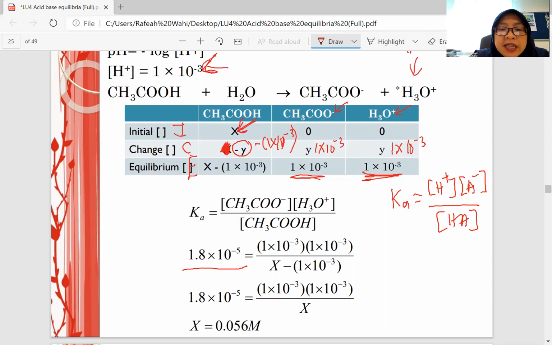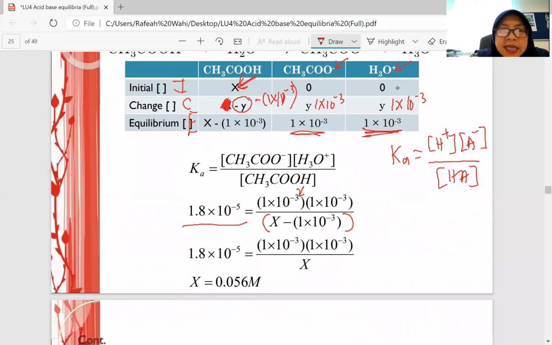We also know that the concentration of H plus ion is 1 times 10 to the power of negative 3. The same goes with the concentration of conjugate base. So we know from the ICE table that the concentration of initial acid can be represented by the expression X minus 1 times 10 to the power of negative 3. How do you know this? You can revisit my explanation for the ICE table just now.